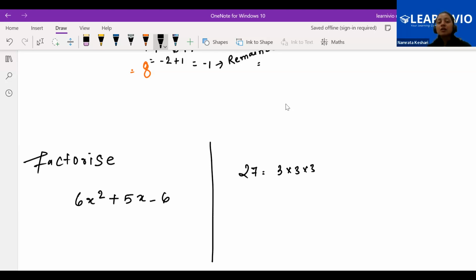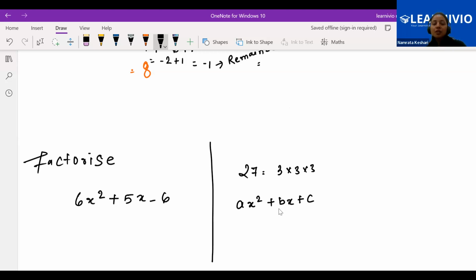The standard form of a quadratic polynomial is ax square plus bx plus c. We will compare the given quadratic polynomial with the standard form.